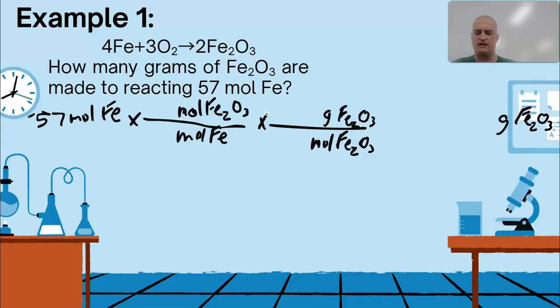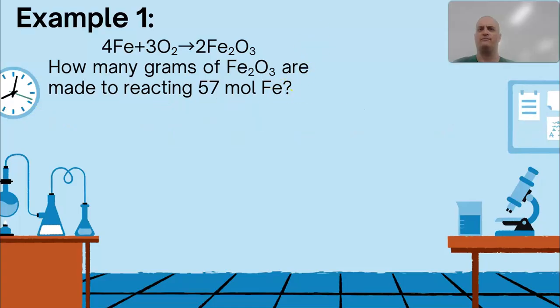The molar mass of that I've already calculated, 159.70 grams, and that's for every 1 mole. And our mole ratios again come from our coefficients. So 2 moles for iron(III) oxide, 4 moles for iron. Multiply across the top, divide by the bottom, and around 4,551 grams of iron(III) oxide.